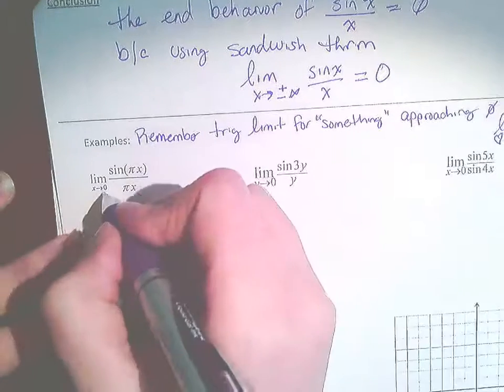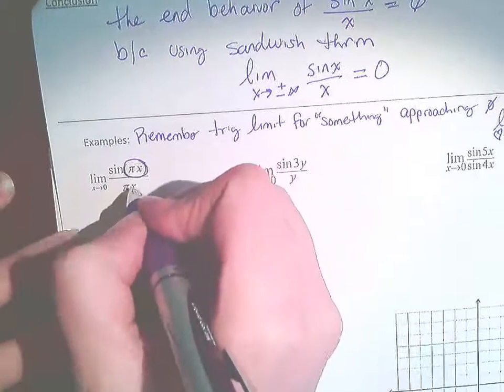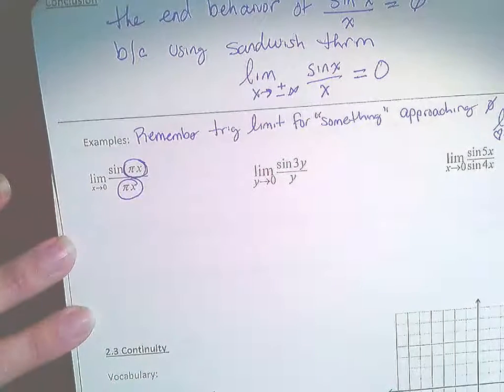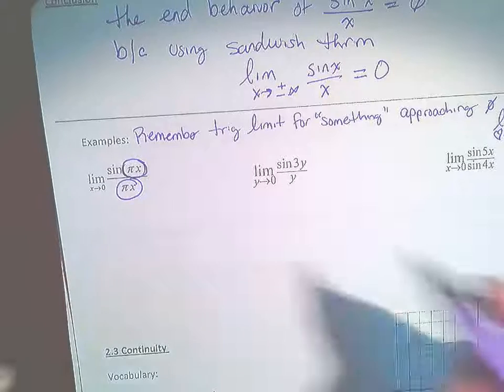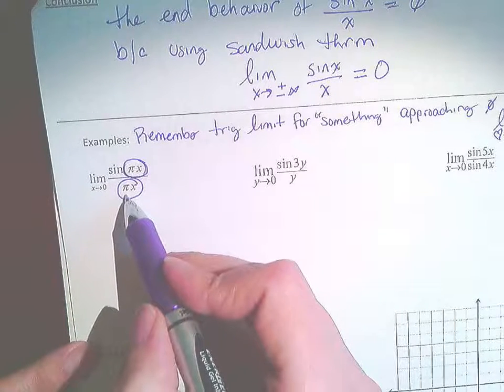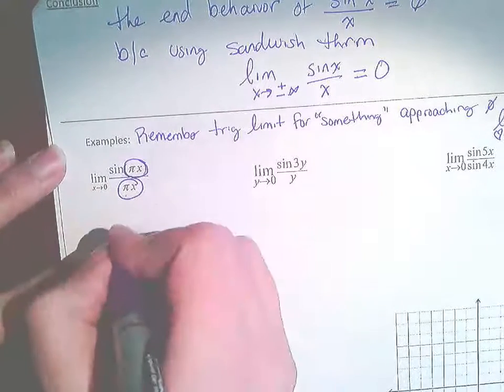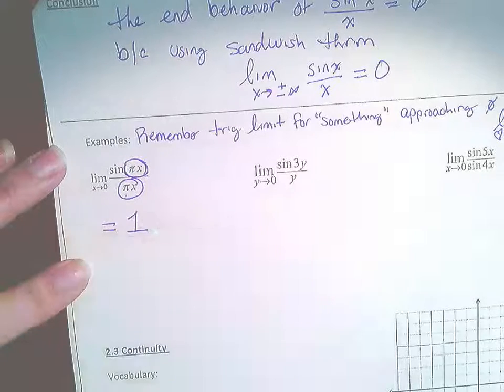So this one is easy because the somethings are the same. So there's nothing that I need to change on the top or on the bottom. So I know that this is equal to 1.